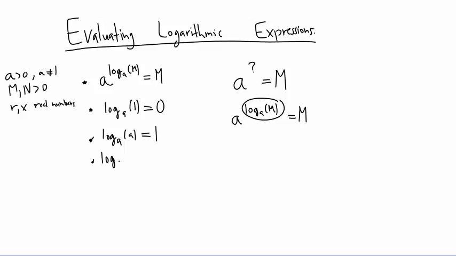How about the log of the product of two real numbers? Well, the log of that product will be the sum of the logs of the factors. Let's prove this. Let's see why this must hold.